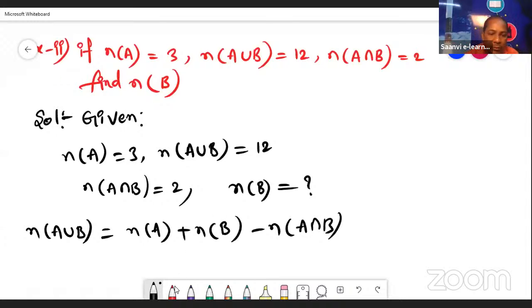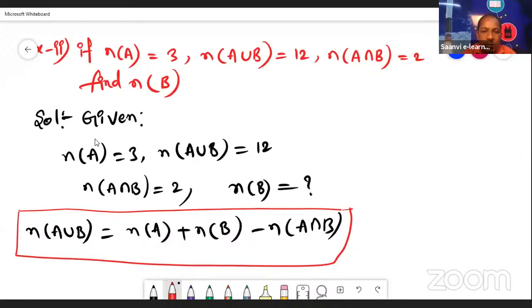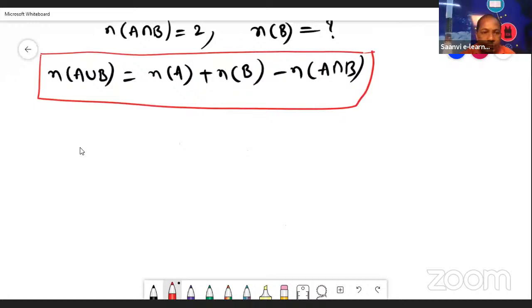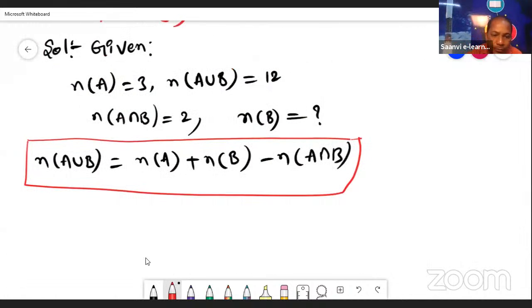Now substitute the values in the formula. When we substitute the values, then we get the n of B value. So therefore n of A union B, how much is given? 12.